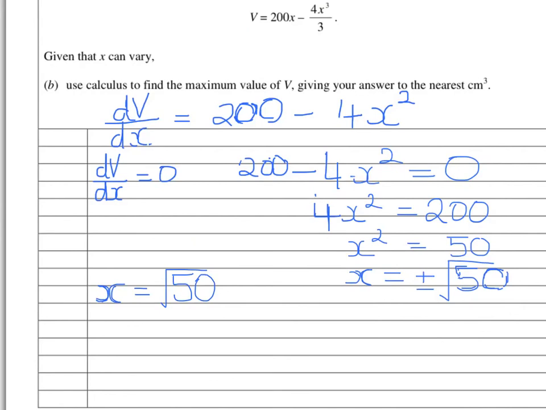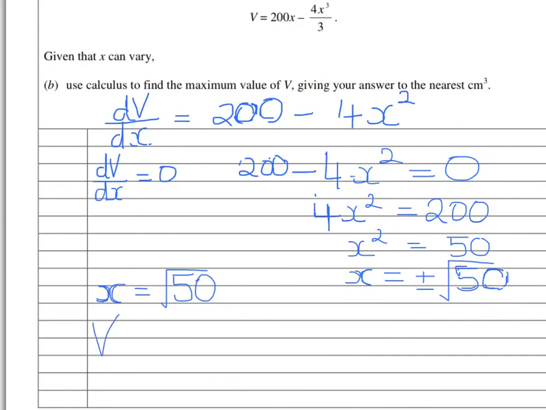Now I'm not done here. The question did not ask to find out when does V take its maximum value. It says find the maximum value of V, which means I need to substitute this back into the formula for V here to find its maximum value.